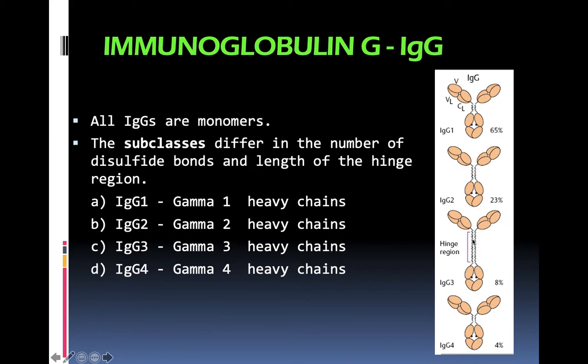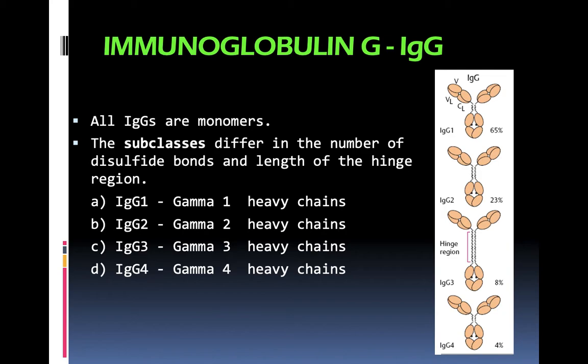Primarily, the disulfide bonds are more numerous compared to the others. And then we have IgG4, gamma 4 heavy chain. Now, in terms of their dominance, you can see the decreasing concentration of each. So we expect IgG1 to really dominate among the other IgG subclasses.